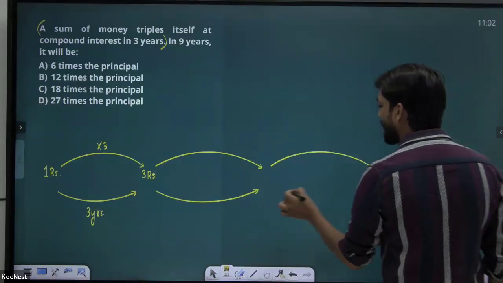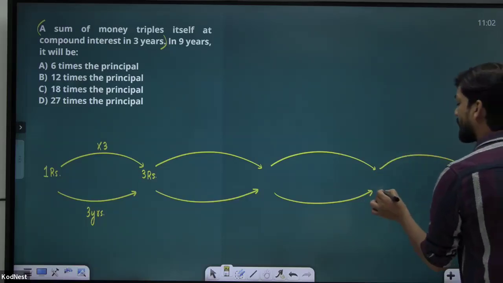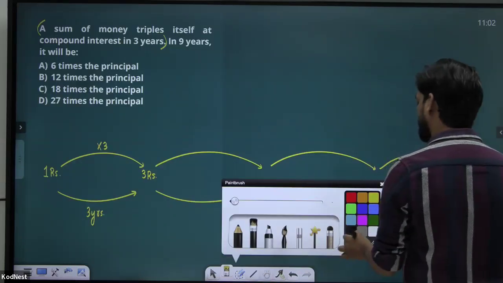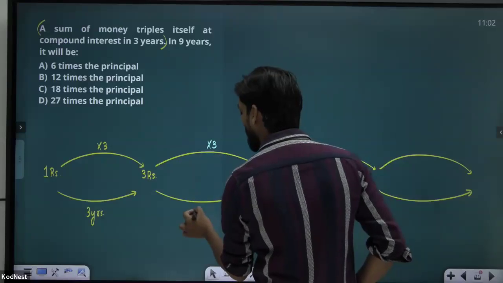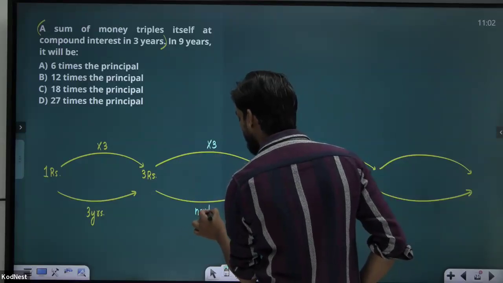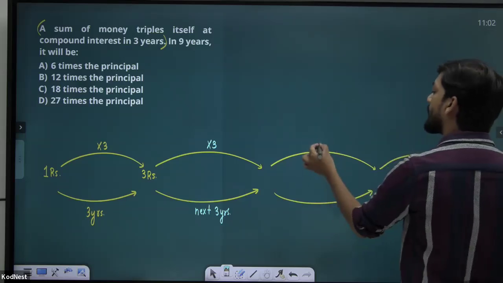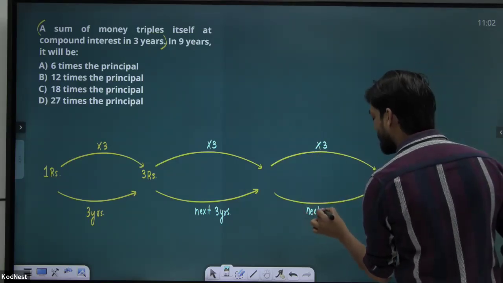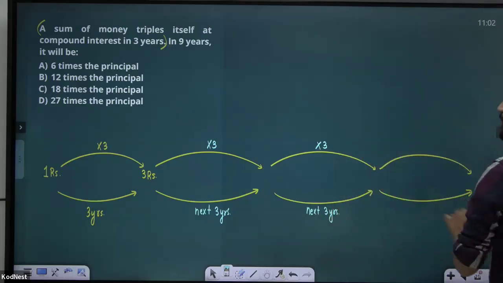The same thing will repeat again and again. So what I am saying is, it will again triple in next 3 years. This is the pattern you will observe in compound interest.